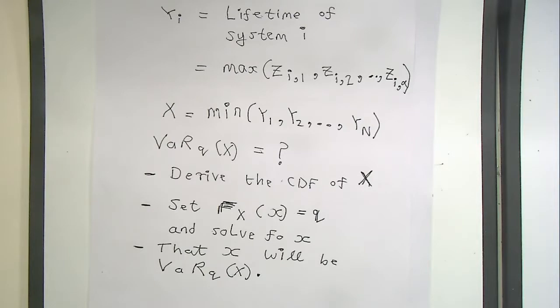So you should work out Yi as the maximum of Zi1 to Zi alpha, and X as the minimum of Y1 to Yn. The first thing you must do is derive the CDF of X, and then you solve this equation for x, and whatever solution you get will be the VaR.